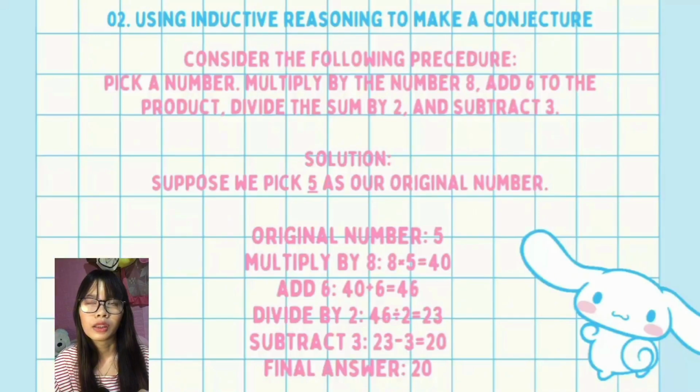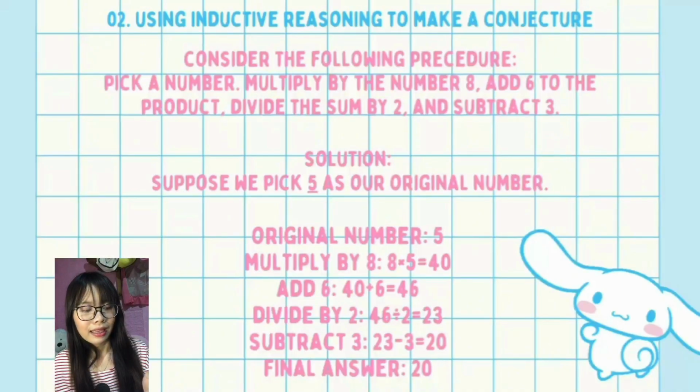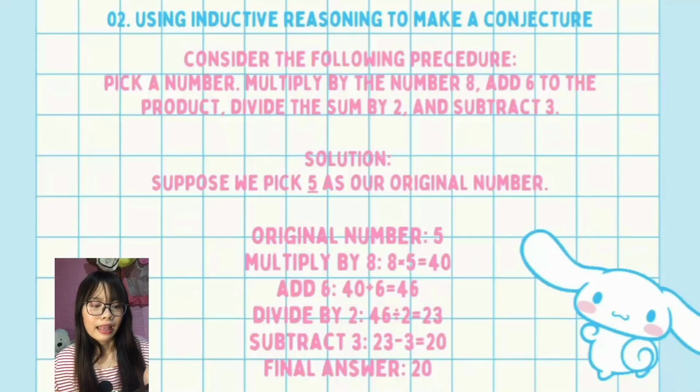So, dito sa part na to, di ba kanina, kung 5 yung kanina, what if kung 6 naman yung original number natin? That will give us the final result of 24. Then, kung 7 naman, 28. Then, tuloy-tuloy lang yan. 28, 32, 36. Then, kapag 10 naman, ang final result niya is 40.